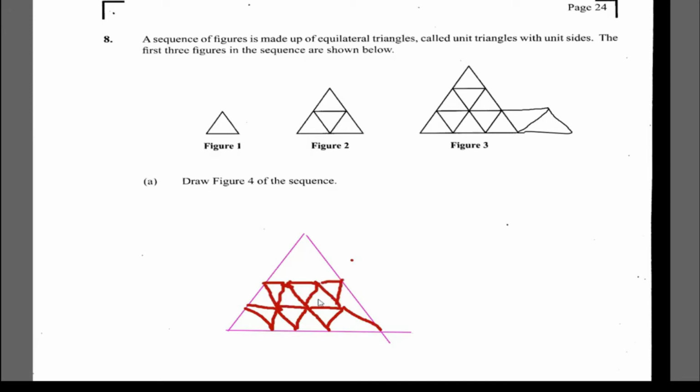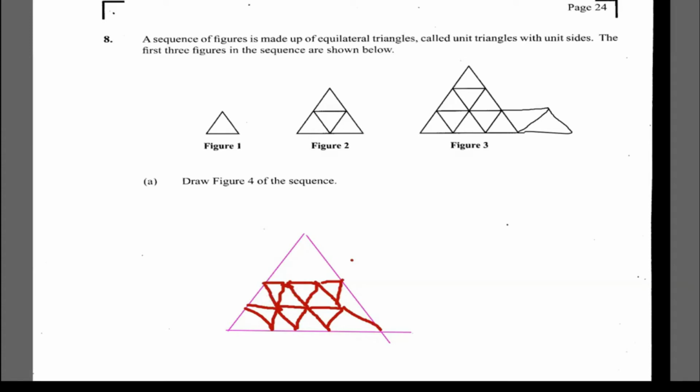Let's see, did we get it right? It should be 5 triangles, but here I have 1.